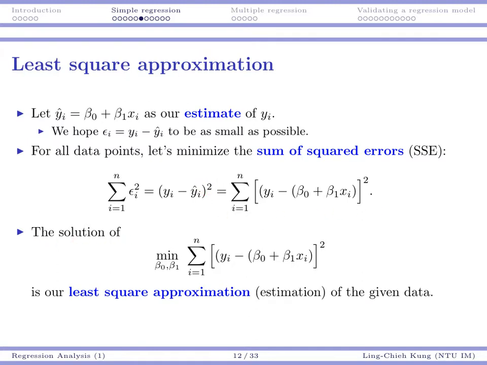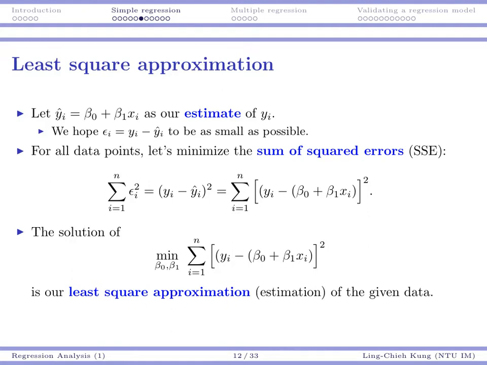Our goal will be to find beta 0 and beta 1 such that this sum of squared errors can be minimized. Because we are trying to find the least way to sum up those squares. So this particular principle is called the least square approximation.